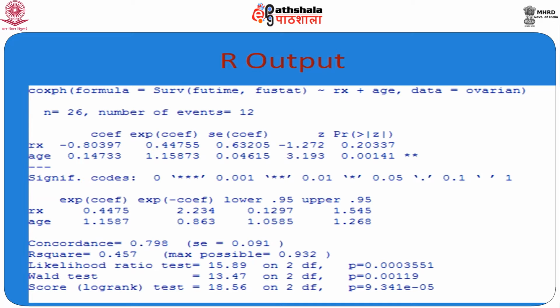And since the exponential of coefficients can be considered as an odds ratio, and its confidence interval lies between 1.05 and 1.26, we can easily state that the confidence interval is on the higher side, more than 1, and as a result we have found that the p value is significant.